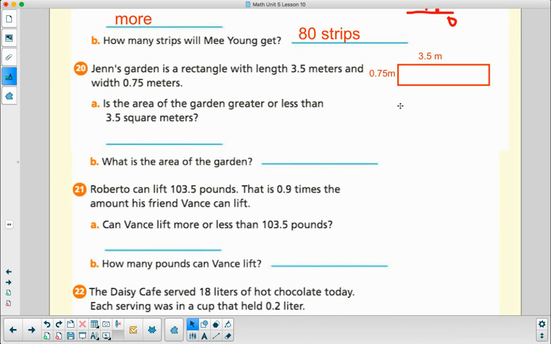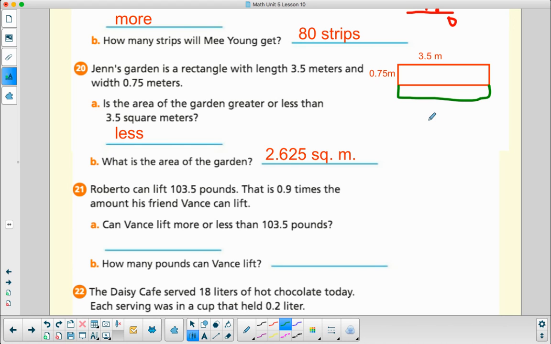Well, since this is less than 1 whole, it would have to be 1 whole meter wide to be 3 5/10 meters square, right? So to me, it's going to be less. And how much less? It is going to end up being 2 65 hundredths square meters. All right. And again, mine's not showing up, so I need to redo it.